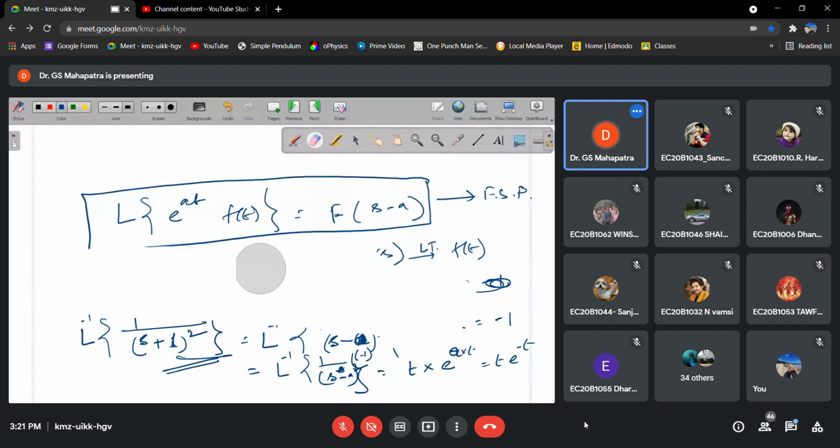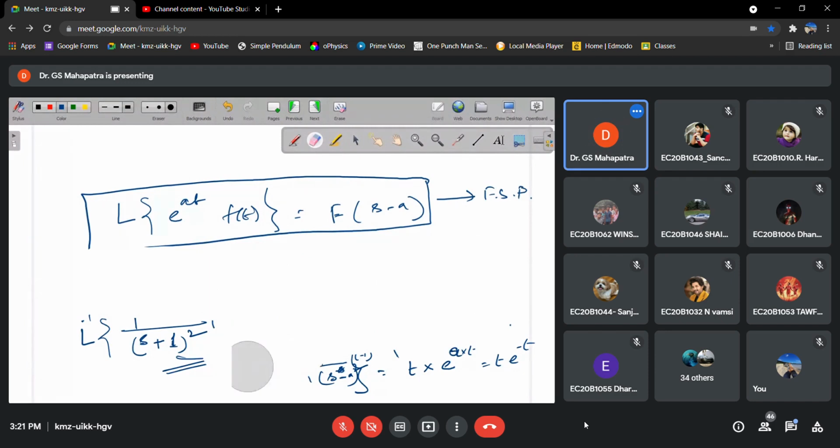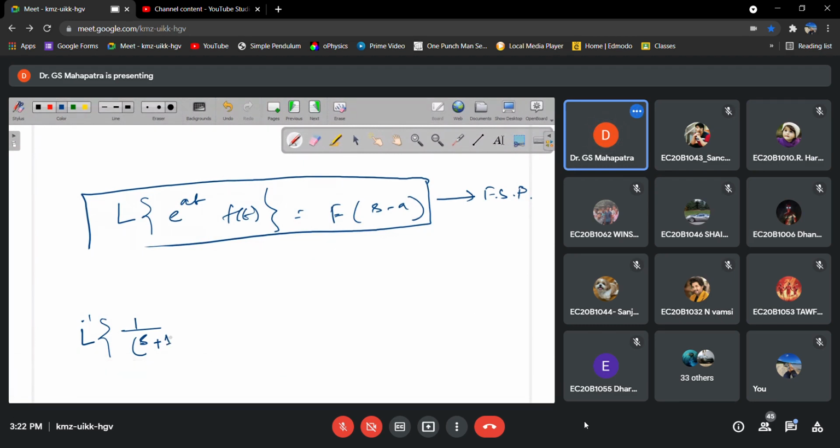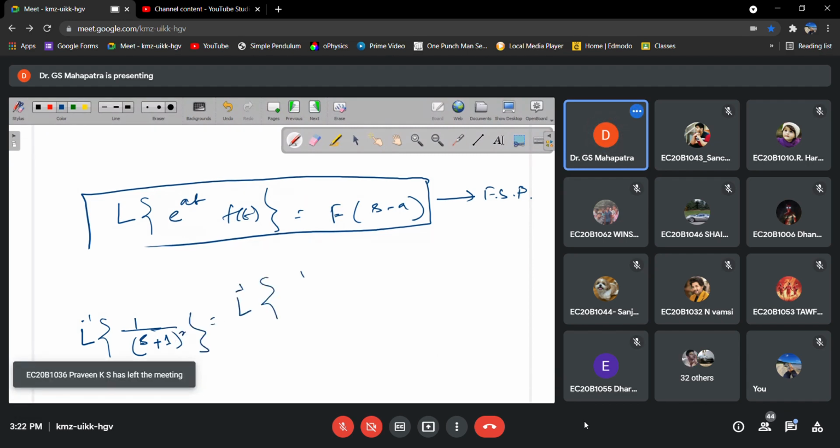What we are going to find now: the Laplace inverse transform of 1 by (s minus (minus 1)) whole square.